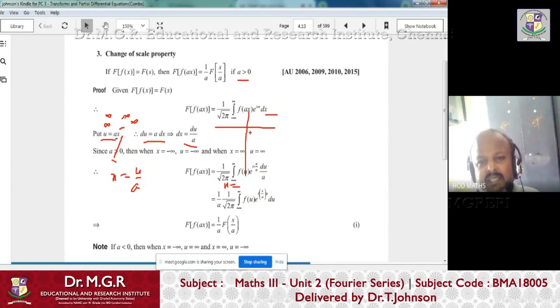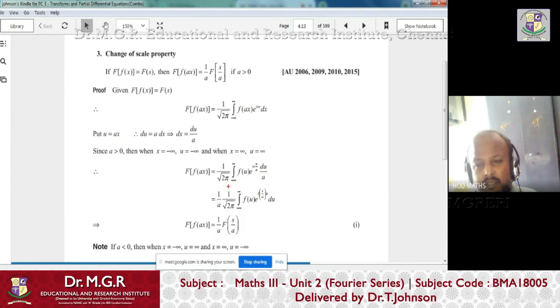And in place of dx, you can put du/a. So what are the changes here? In the limits, no change. In place of ax, it becomes u; in place of x, u/a; in place of dx, du/a.